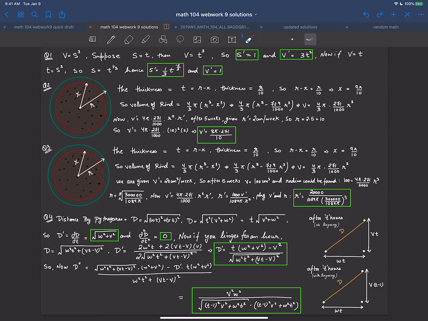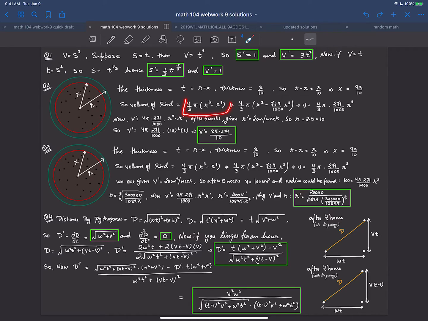So if you think about it, the green region's volume can be written as the volume of the whole watermelon take away the volume of the inside. Okay, so that's what I did here. For the volume of the outside, you get 4/3 pi r cubed, because r is the outermost radius, and the inside radius is x, so take away 4/3 pi x cubed.